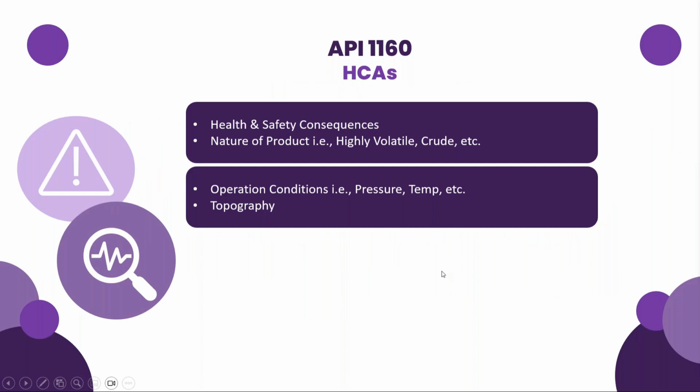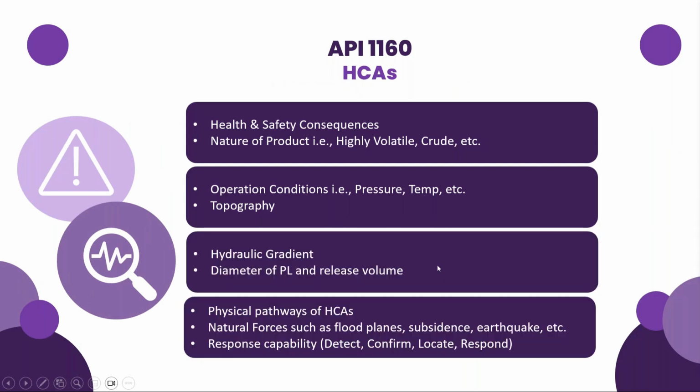We need to be looking at the HCAs, and not just the high consequence areas, but also the moderate consequence areas and things of this nature. We should be looking at the nature of the product, what type of product is being pumped through the pipelines, and there are some pretty rough products that go through.